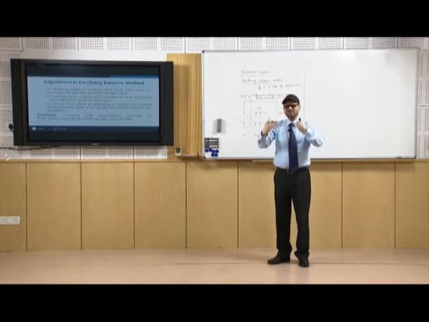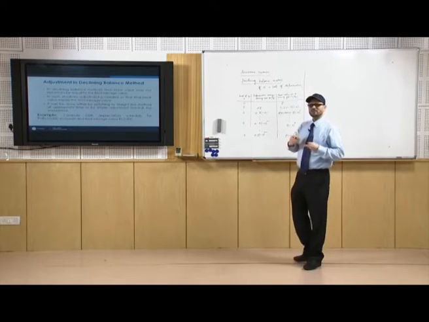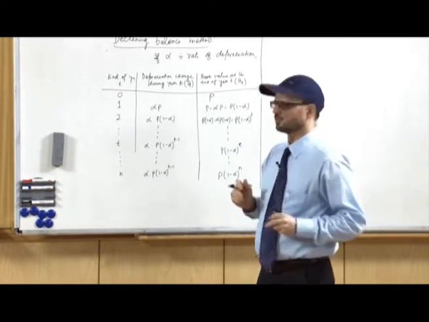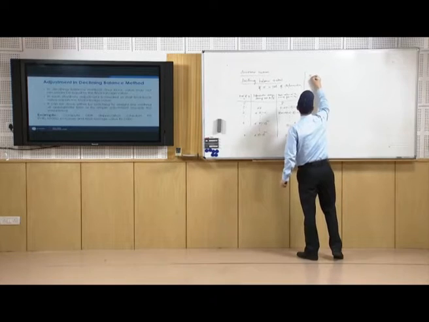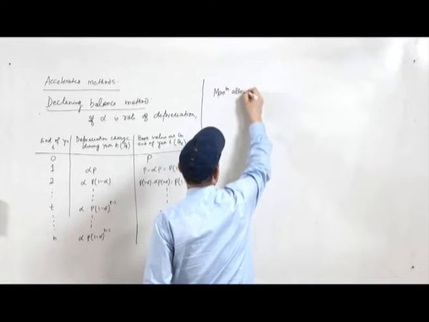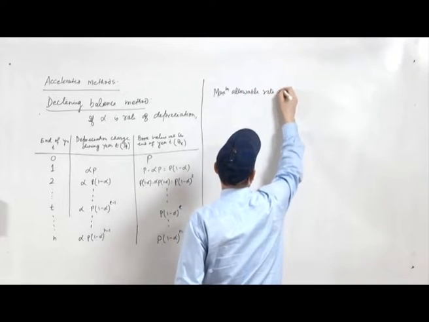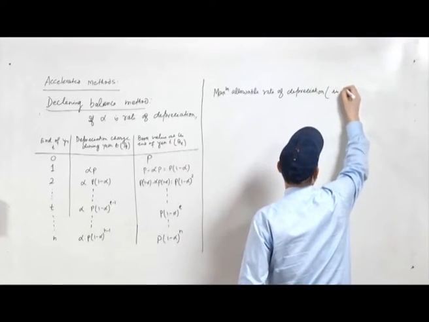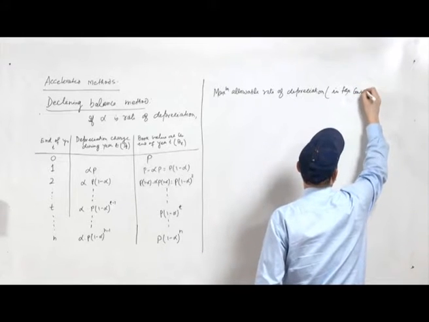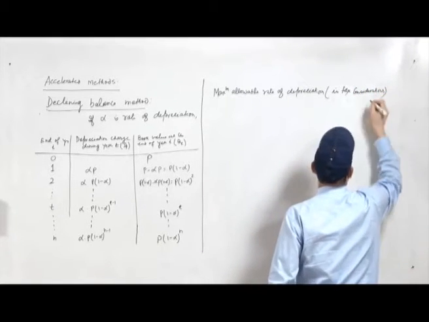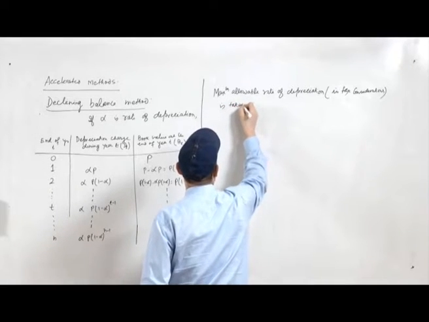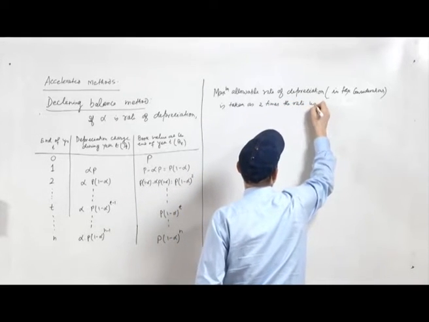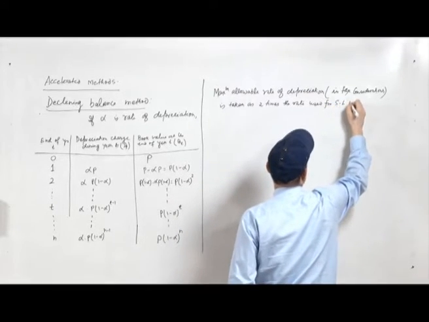For tax considerations, the maximum allowable rate of depreciation is taken as 2 times the rate used for the straight line method of depreciation.